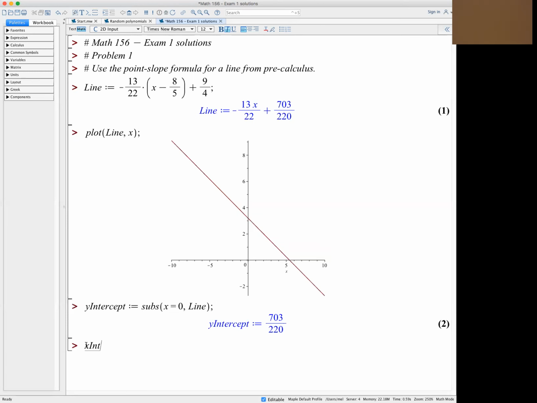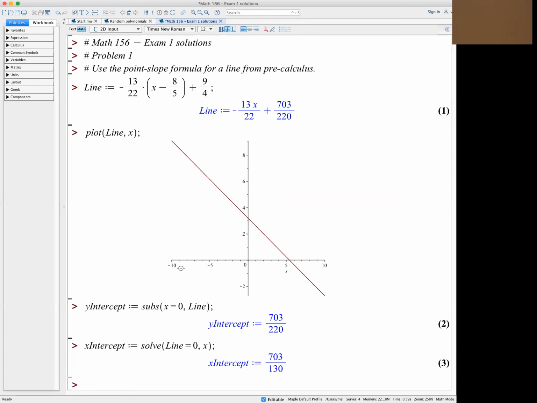And the x-intercept, well, that's where the line crosses the x-axis. That's the value of x when y, which is this, equals 0. So this is what we get when you solve the equation line equals 0 for x.